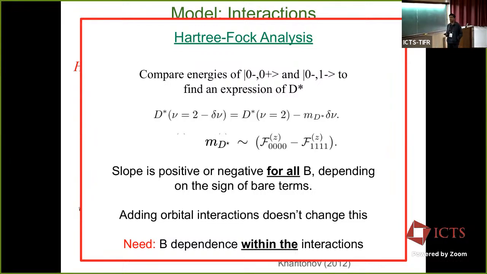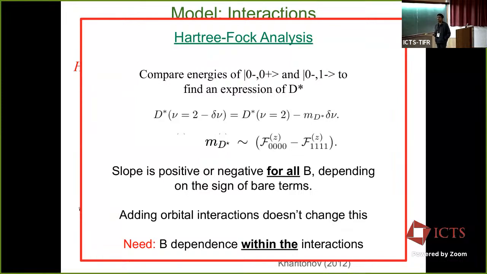The expression is very complicated, but what you can deduce from this expression is that the slope of D star as a function of nu is always going to be positive or negative, depending on the sign of the bare interaction, for all values of the field.